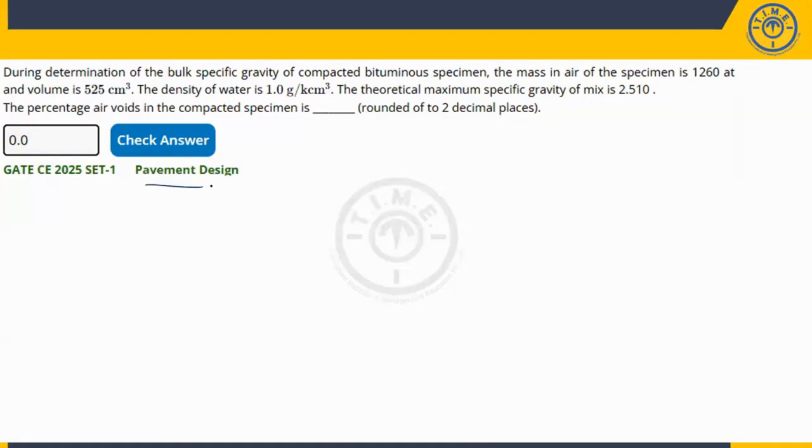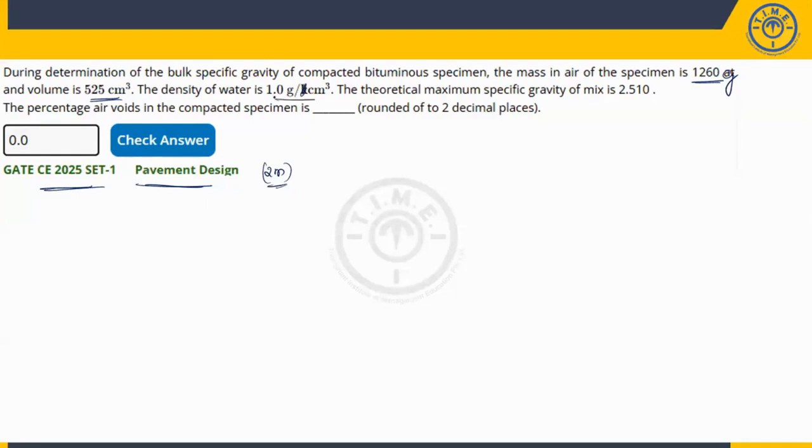It's a question from Pavement Design, GATE 2025, Set 1, 2 marks. It is mentioned that during determination of bulk density and specific gravity of a compacted bituminous specimen, the mass of the specimen in air is 1260 grams, and volume is 525 centimeter cube.